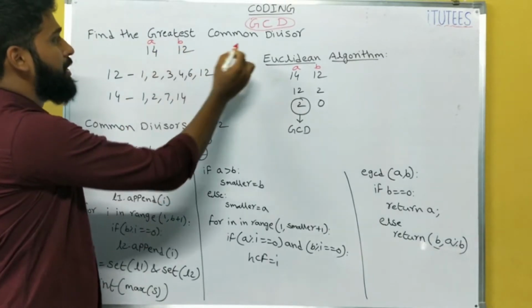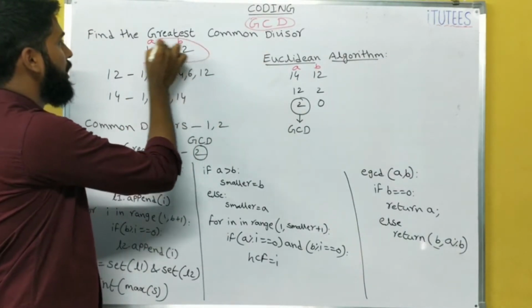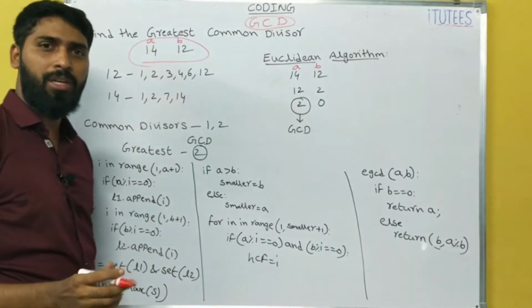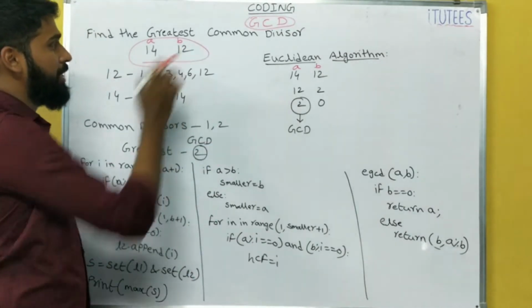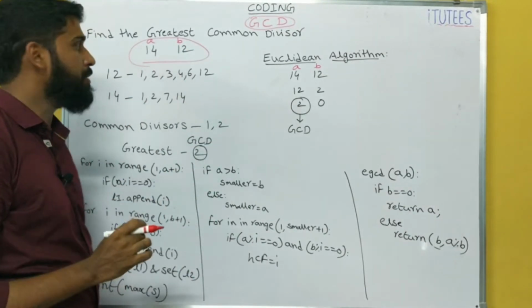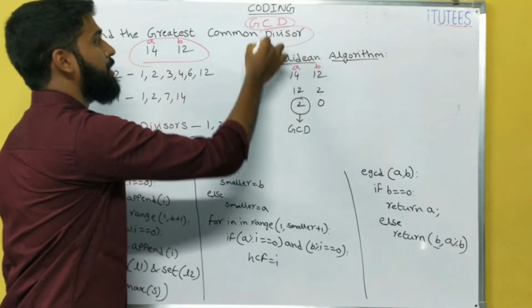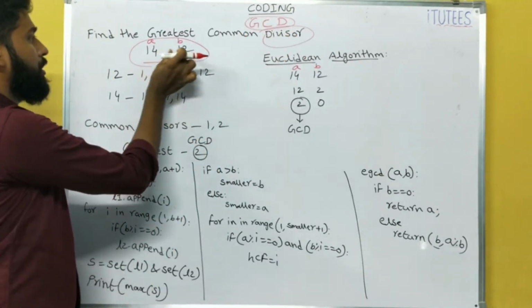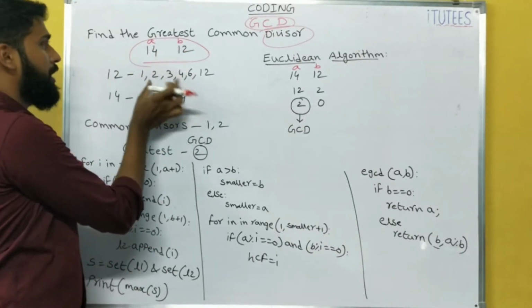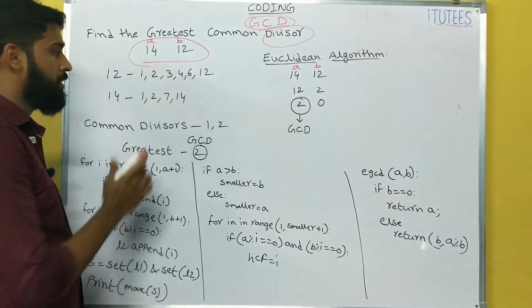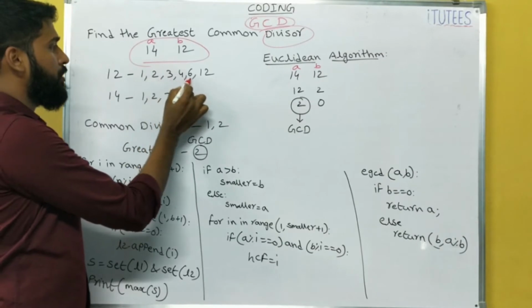Find the greatest common divisor of 14 and 12. GCD means the greatest common divisor. What does divisor mean? Taking the value 12, the divisors are 1, 2, 3, 4, 6, 12.